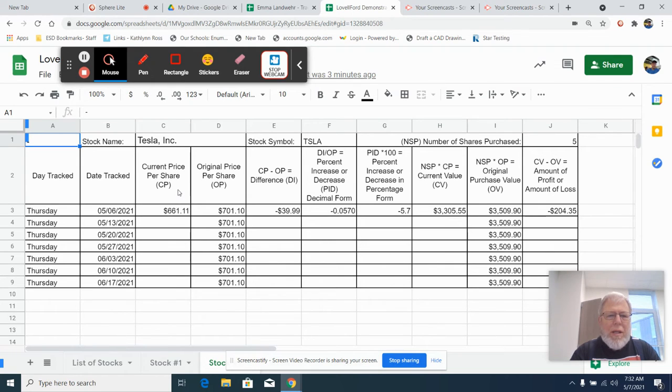All right. Well, the current price is lower than what we bought it for. So you know right there that we lost some money. And the way you show that is by taking the difference or subtracting. So you notice what we do, if you look up here at the formula bar, we took that $661.11, which was the current price, and subtracted the original price from that, $701.10.